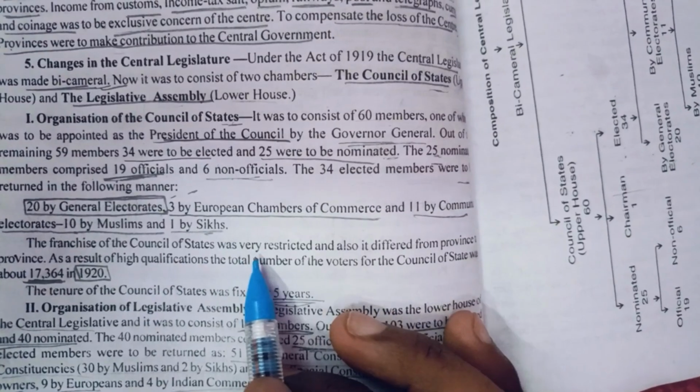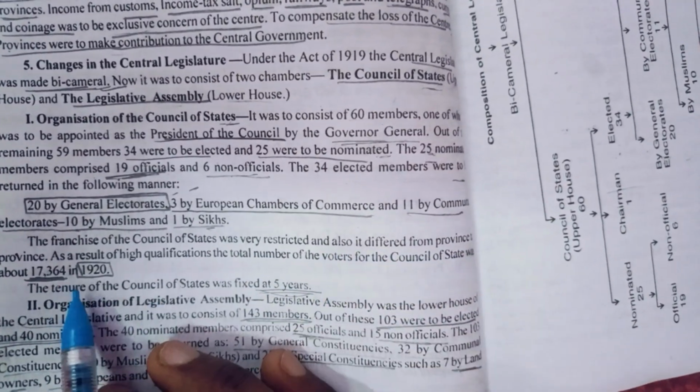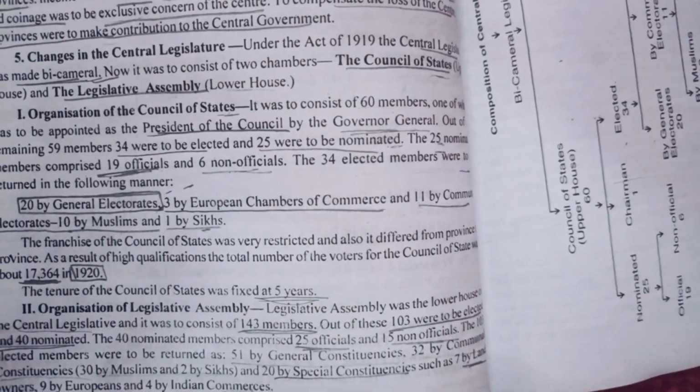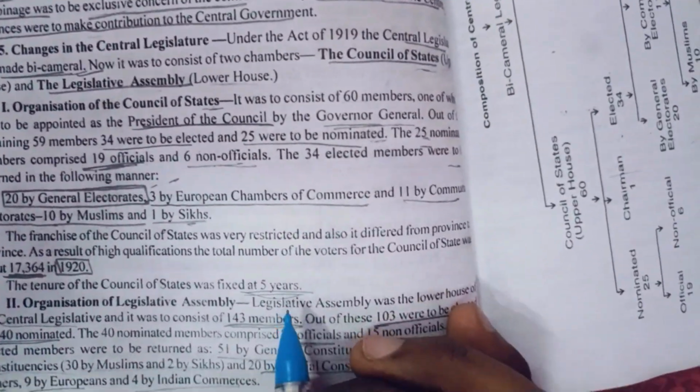The franchise was very restricted, and the tenure of the Council of State was fixed at 5 years.